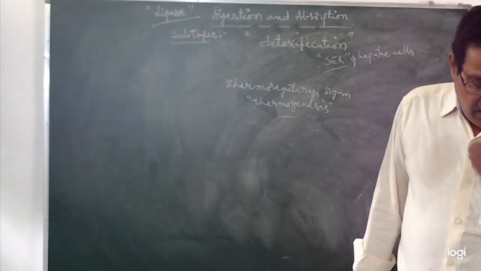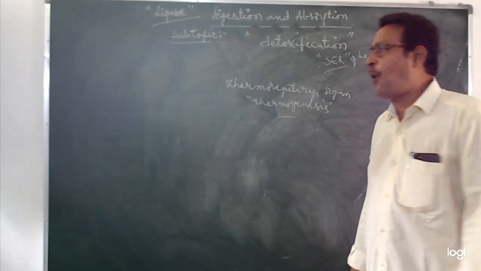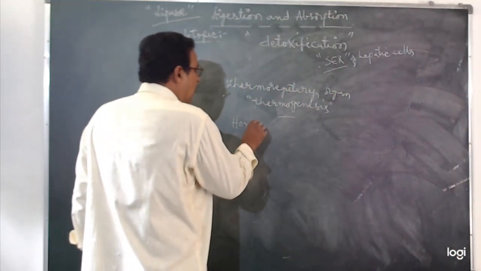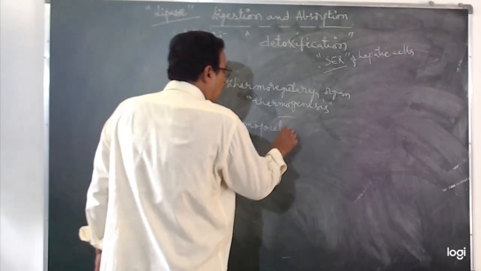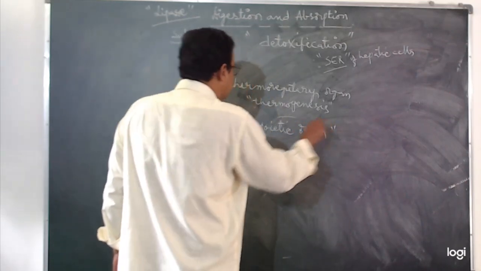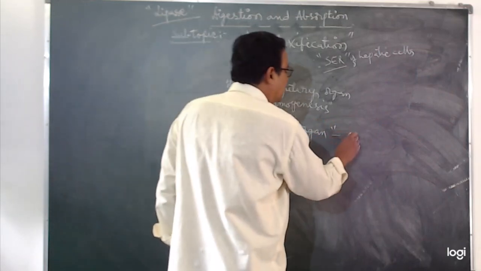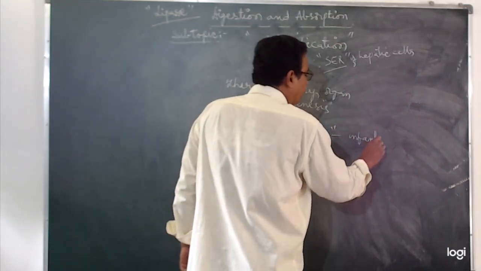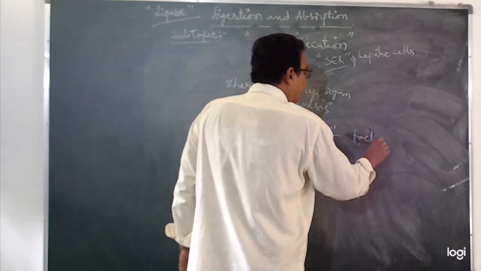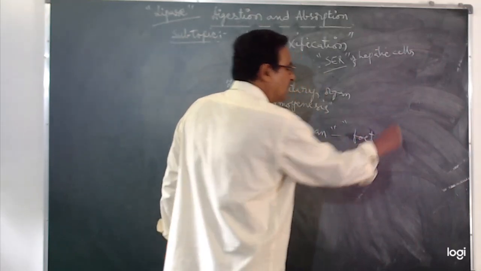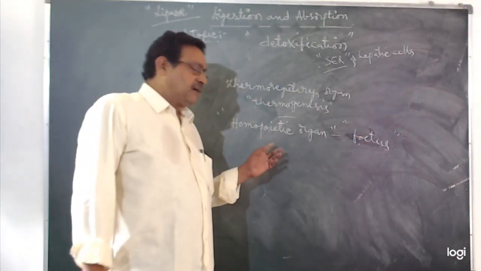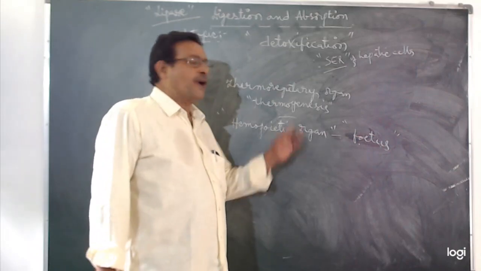And then it acts as a hemopoietic organ. The liver can act as a hemopoietic organ in the fetus. In the fetus, the liver acts as a hemopoietic organ.